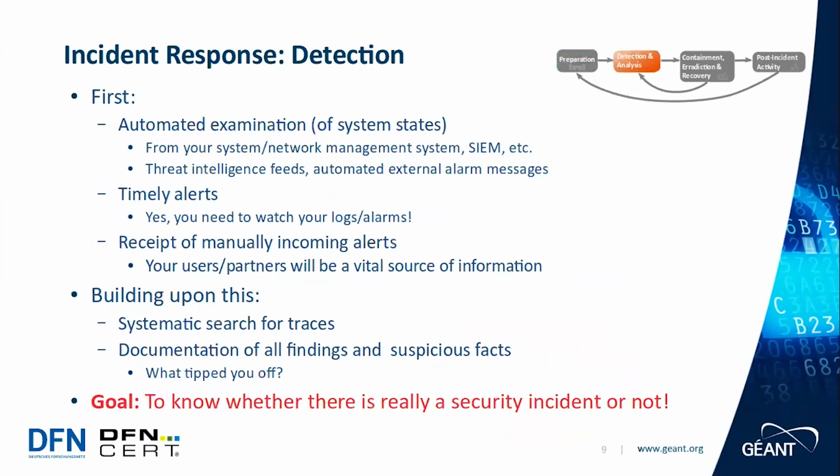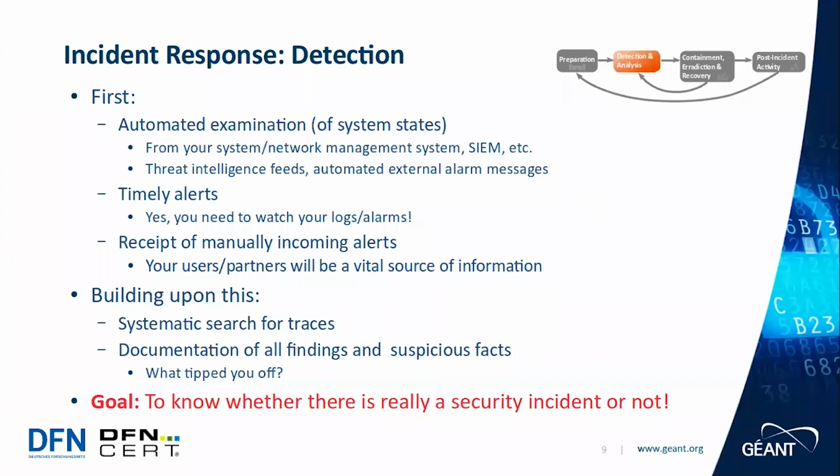So then the first part about an incident, of course, is detecting it. This is done either by automated examination of system states, which means you get an alarm from your system or network management system, your SIEMs, your log analysis, or whatever else you have here.